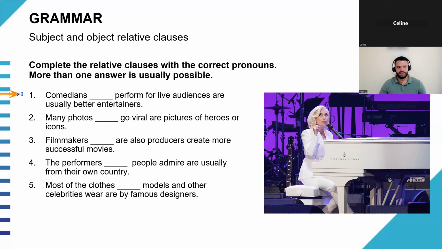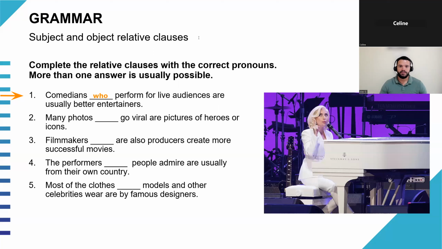The first one says, comedians perform for live audiences are usually better entertainers. Because comedians is a person, we're going to put who. So comedians who perform for live audiences are usually better.